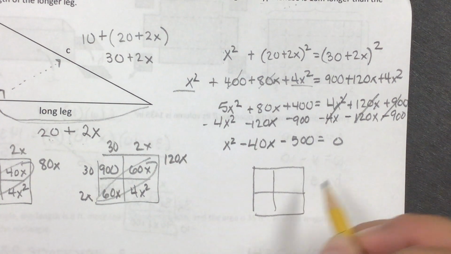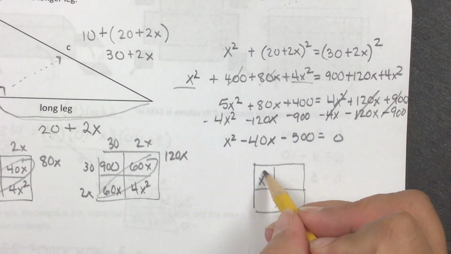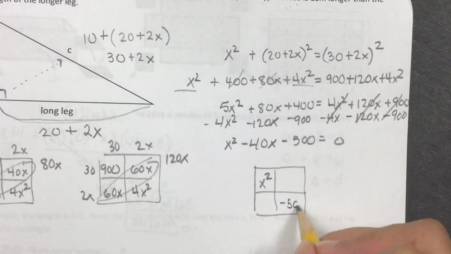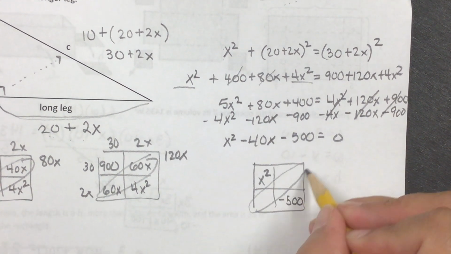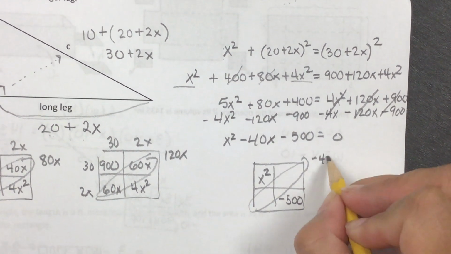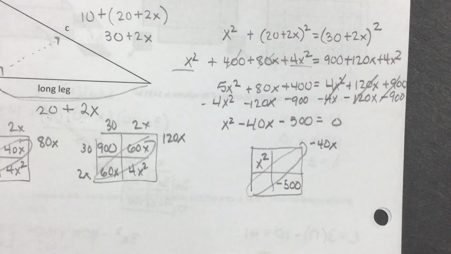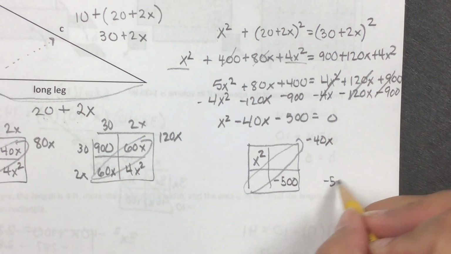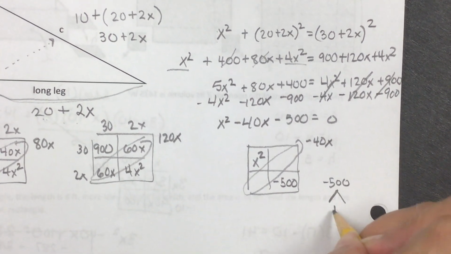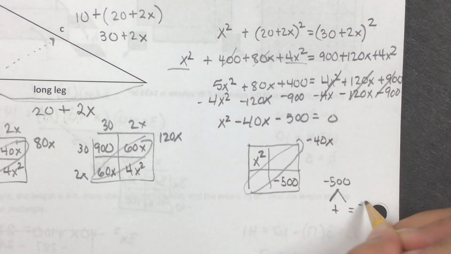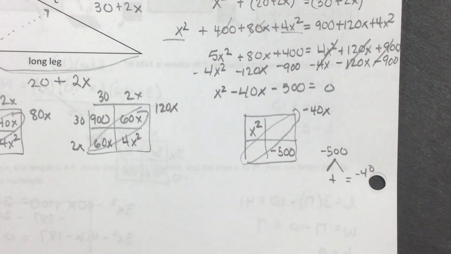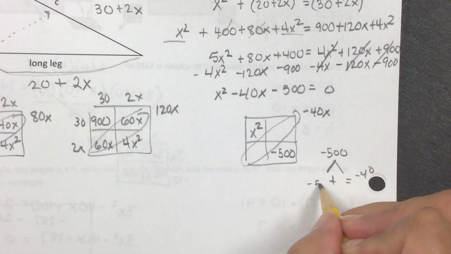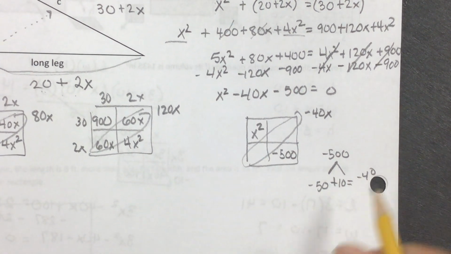I'm going to remind you how I factor. I put x squared here, the one without the variable here, so the constant. When you add these two together, it's supposed to give you a negative 40x. And you're looking for factors of negative 500 that, when you add them together, are going to equal negative 40. And there would be negative 50 times 10.